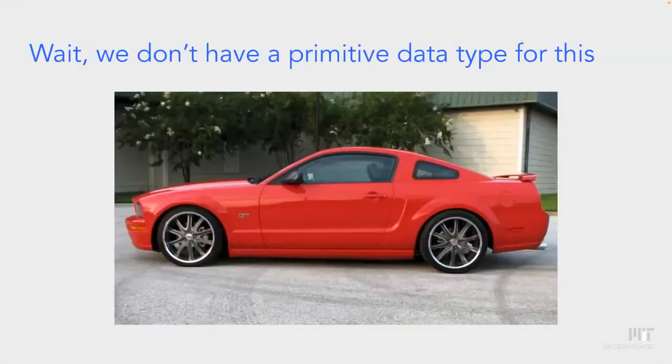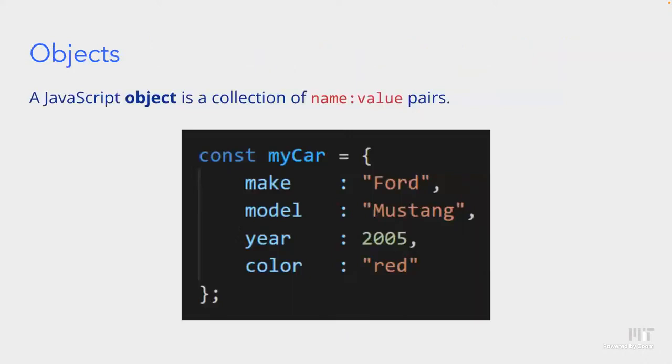Okay, but before we talk more about triple equals, we have a car. What I talked about before, we had a few primitive data types, none of which is car. And so one thing we can do is if we have more complex things which we want to represent, we can then use objects.